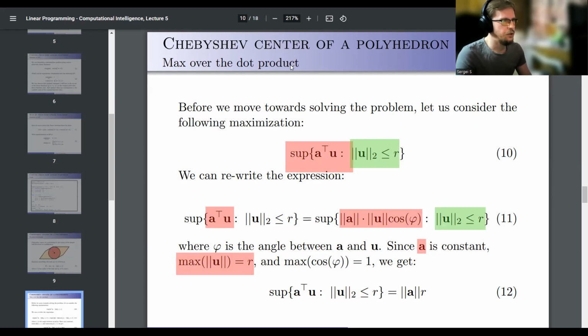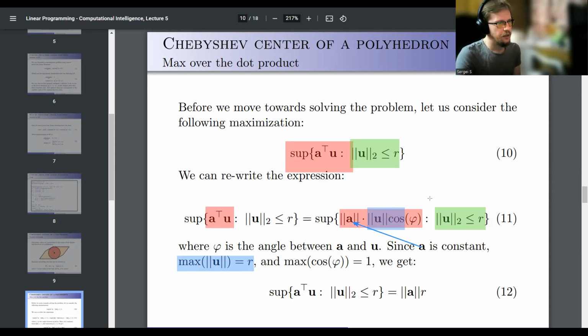So a is constant here, and the norm of u is just r. That is the maximum possible value this norm can attain.